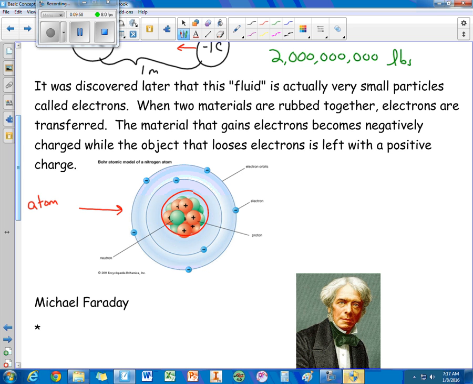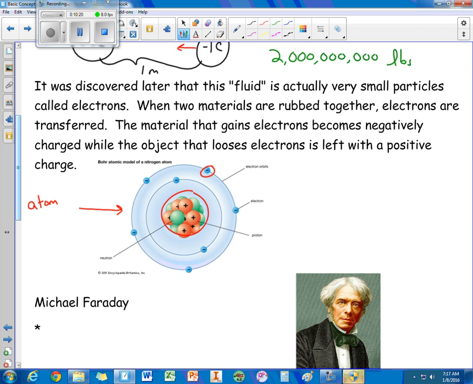And then surrounding that, we have this cloud of electrons. So when two materials are rubbed together, the electrons are transferred. It's not a fluid, it's actually particles, electrons. The material that gains electrons will become negatively charged, while the object that loses electrons becomes positively charged.